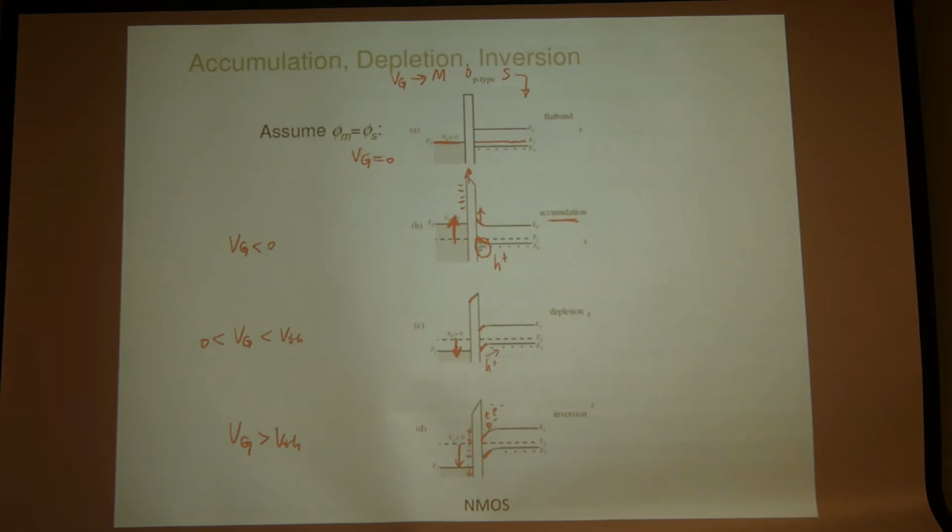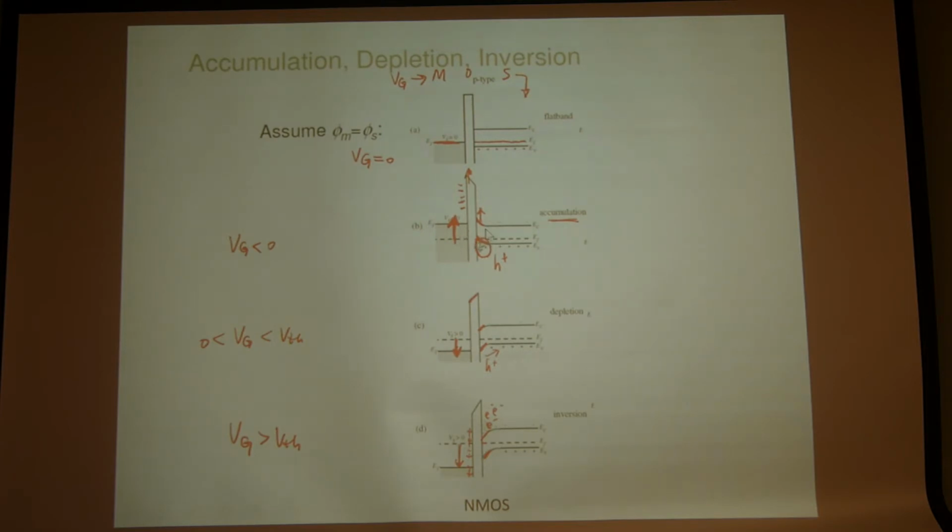And then if the gate voltage is negative for this MOS structure with the P-type substrate, the negative voltage will pull up the Fermi level of the metal, because this negative voltage is applied to the metal.